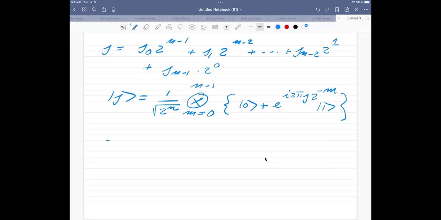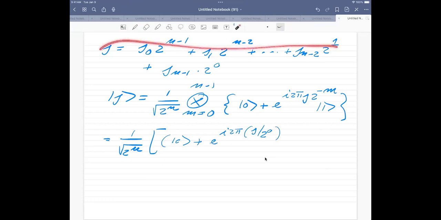And what it means is simply that we have 1, this is just a repetition from last week. And then we have all these states, 0 plus e to the power of i 2 pi. And what I'm doing now is just to set up these divisions here, because when we are setting up these, you will see that instead of using an integer representation for the state j, it's going to be convenient to use a floating point binary representation.